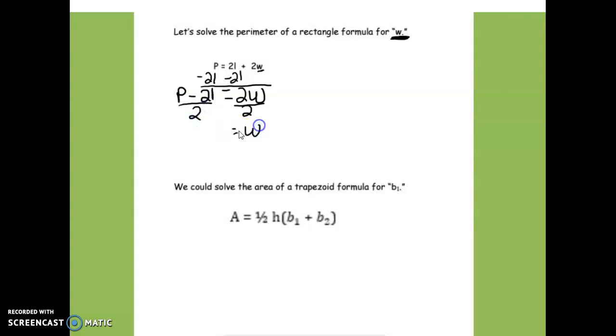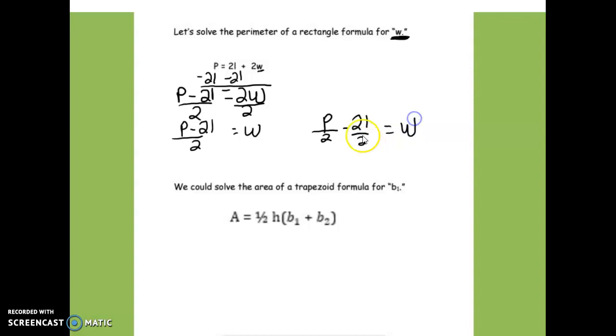And then I'm going to be left with P minus 2L over 2, or, now this is important, because remember what we talked about when you're distributing with division, so we'll do it over here. You could also write it like this, P over 2 minus 2L over 2. So again, I'm distributing the 2.